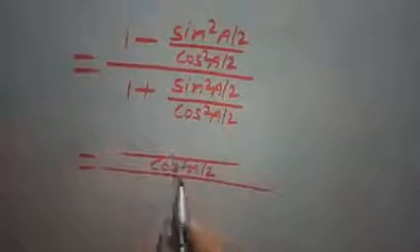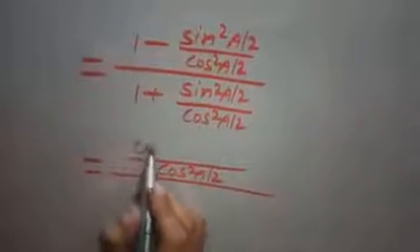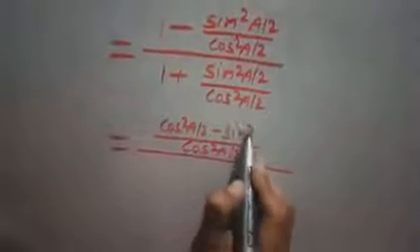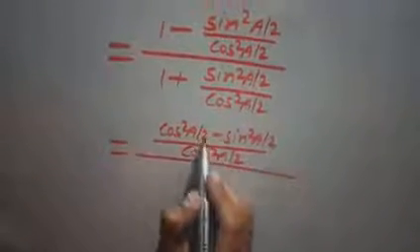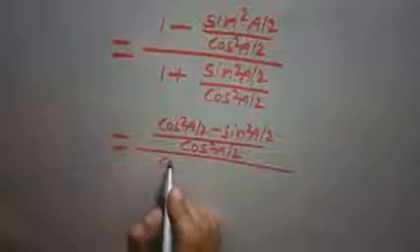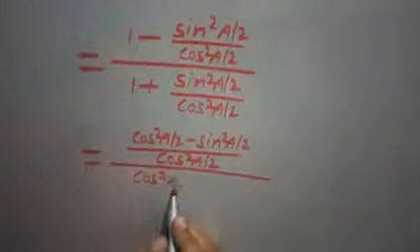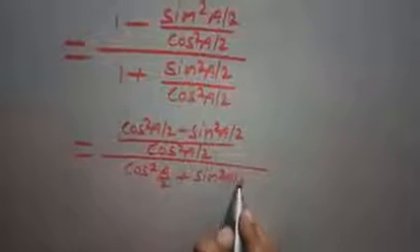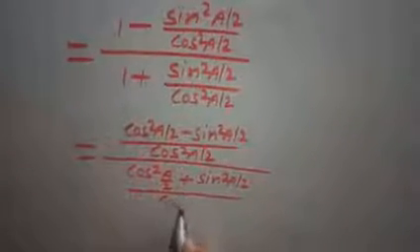Now if you take the LCM, cos square A by 2 is the LCM. So in the numerator, cos square A by 2 minus sin square A by 2, and in the denominator, cos square A by 2 plus sin square A by 2, upon cos square A by 2.